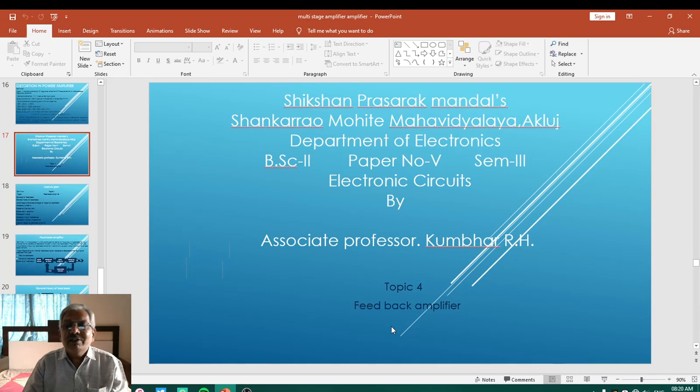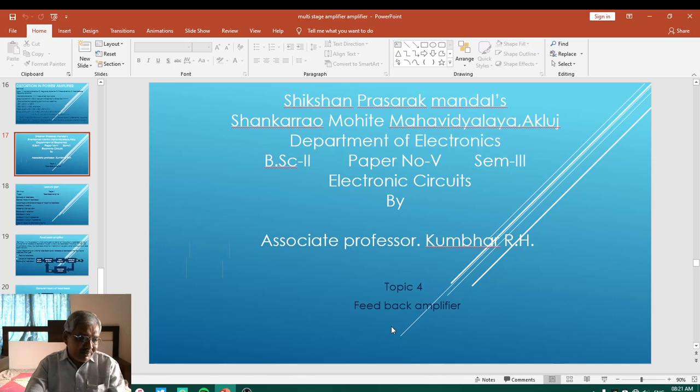And in the last topic, we have studied the different types of amplifiers, in which we completed, starting from the basic action of transistor as an amplifier up to the analysis of different types of amplifier configurations.